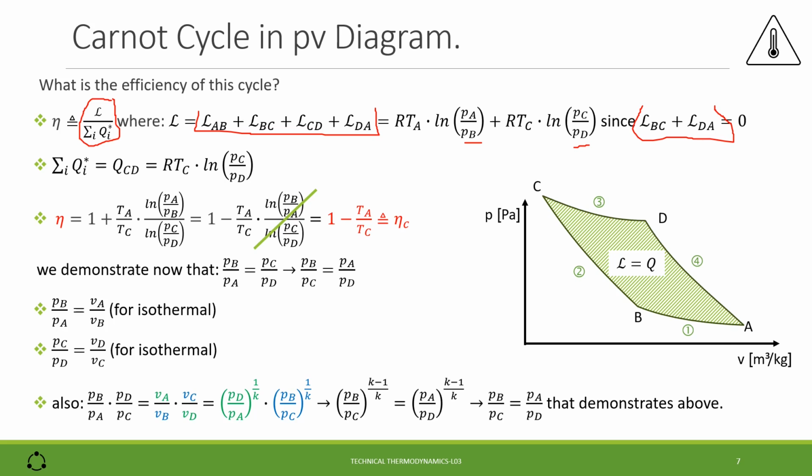And if we combine PB over PC together among the left and right side of the equation, and the same we do for PD and PA, we find the equivalence PB over PC to the power (k minus 1) over k equals PA over PD to the same power, and that demonstrates the above.